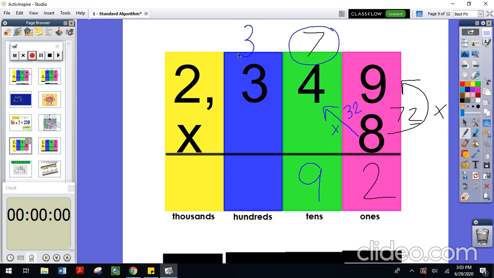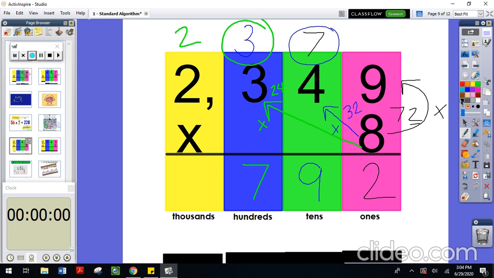The 3 would go at the top. Then we're going to move to our hundreds place, and we're going to do 8 times 3. 8 times 3 is 24 plus the 3 at the top, which would give me 27. 7 goes on bottom, 2 goes on top.